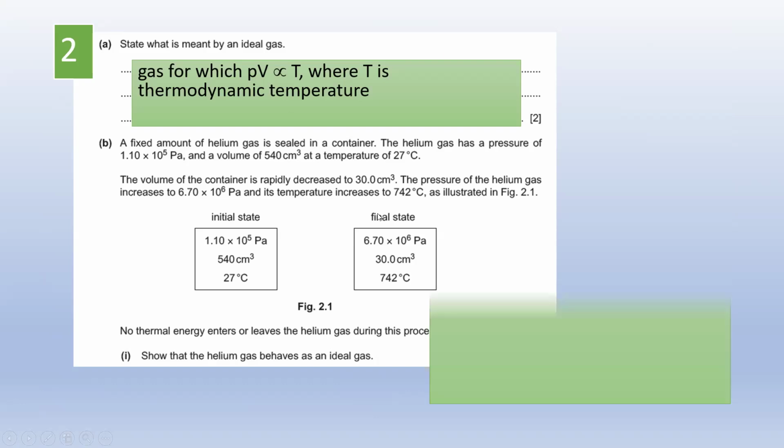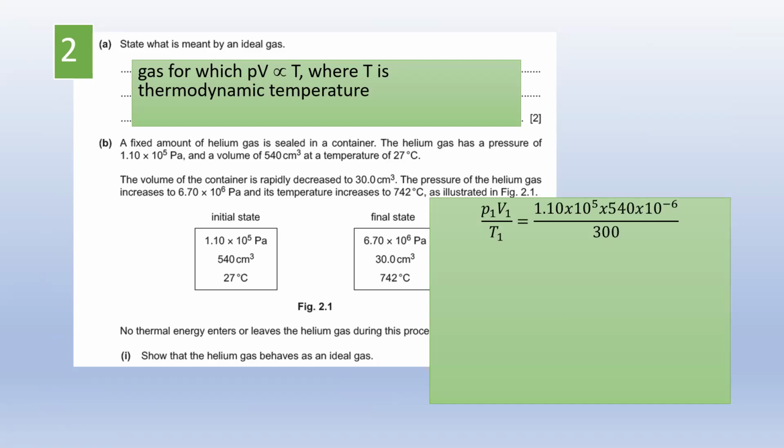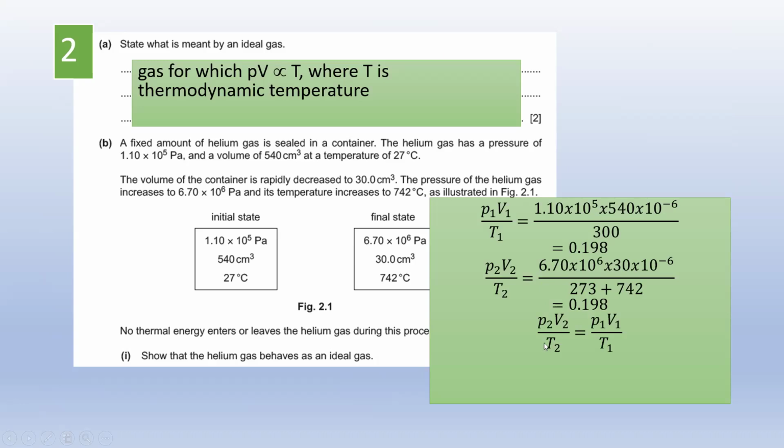So you solve both of them, and then just show them: P1, V1, T1 for this one, and then P2, V2, T2 for this one. And show that both of them are the same value. And then they are equal. So therefore, helium behaves as an ideal gas. That's all.